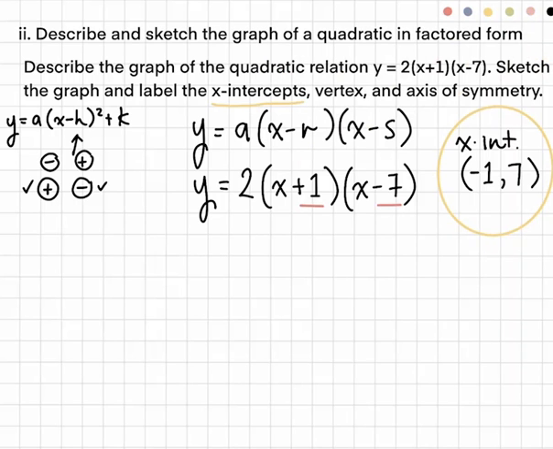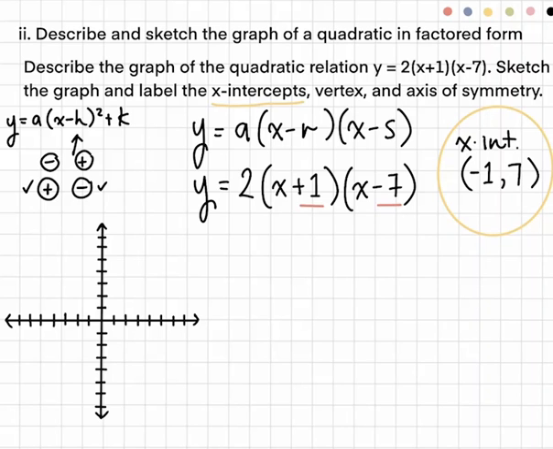So because parabolas, I need a different color, are symmetrical, we can use these x-intercepts to help us find the axis of symmetry, which is also going to help us find our vertex, right? So let me see if I put a graph up here. Perfect.